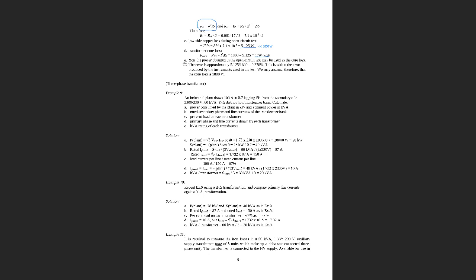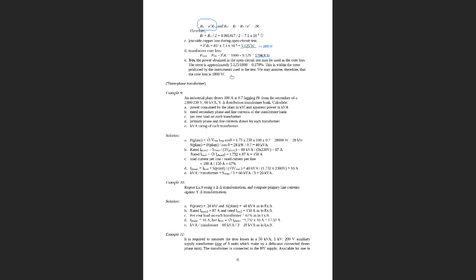That's why in part E we said yes, the power obtained in the open circuit test may be used as the core losses. The error is approximately 0.3%, which is within the error produced by the instruments used in the test. So we might assume, therefore, that the core losses is 1,800 watt. Okay, so example 8, we finished.